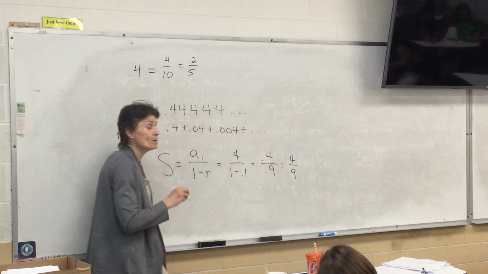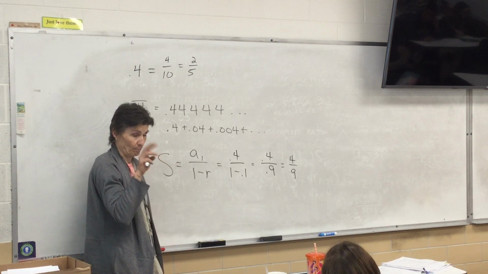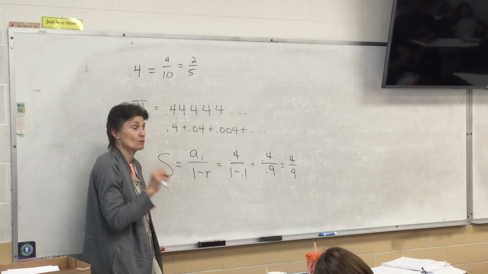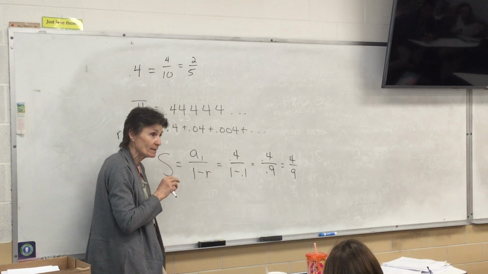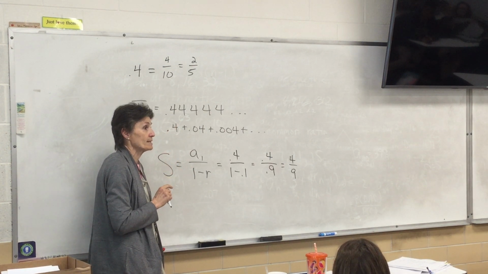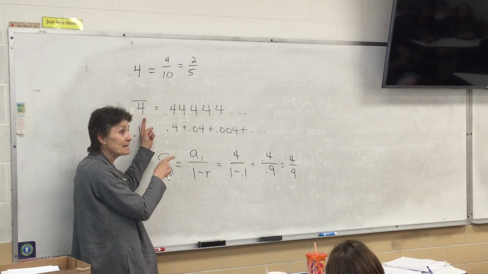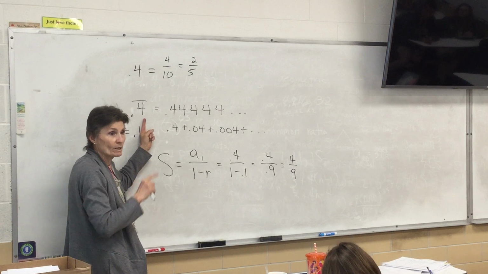You're allowed to get rid of the same number of decimal places on the top and the bottom. So if you have 0.4 and 0.9, you can get rid of those points, and it's just 4/9. So the fraction for repeating 4s is 4/9.